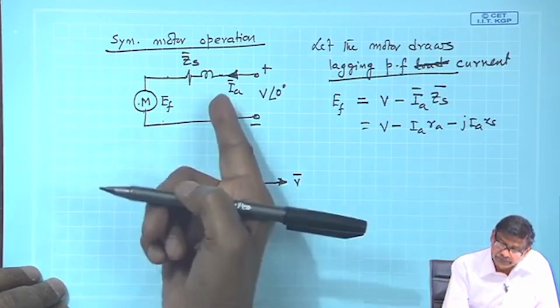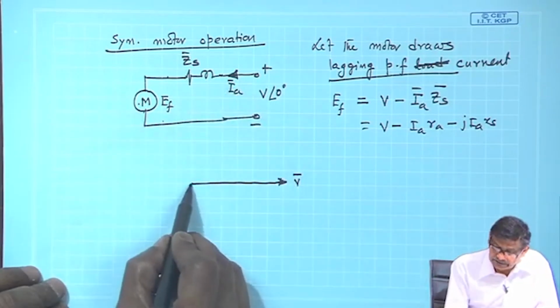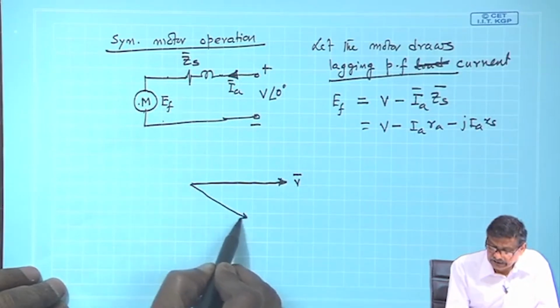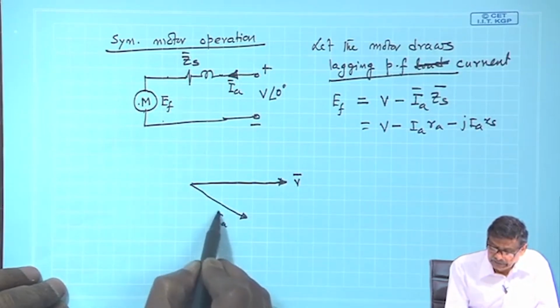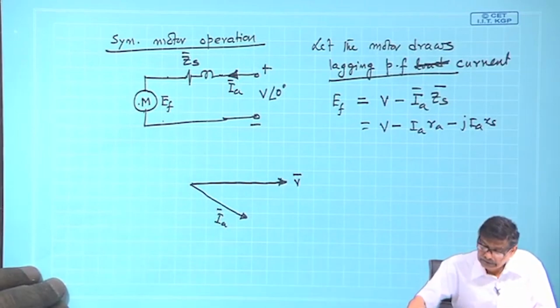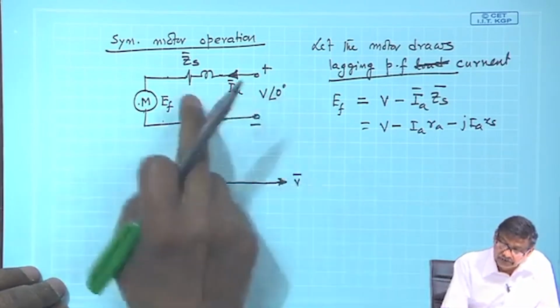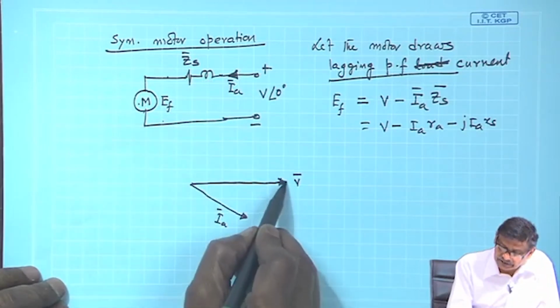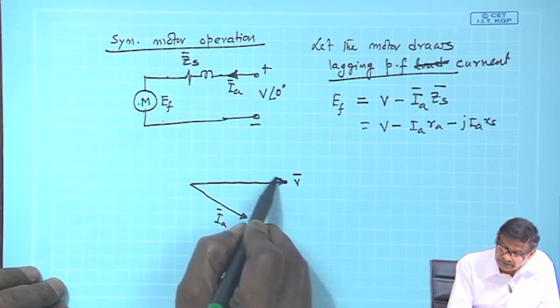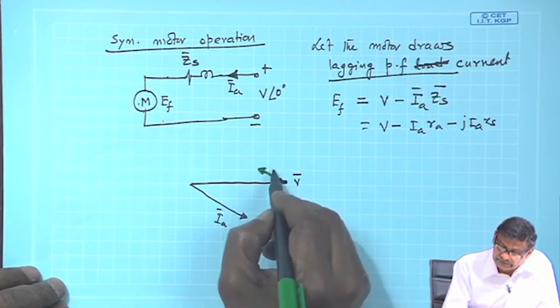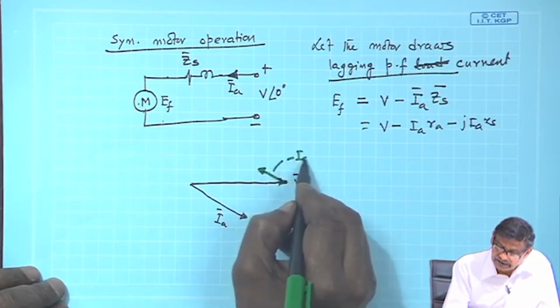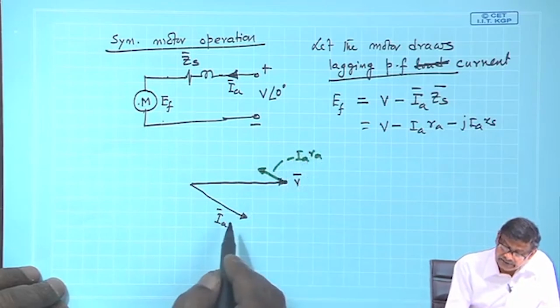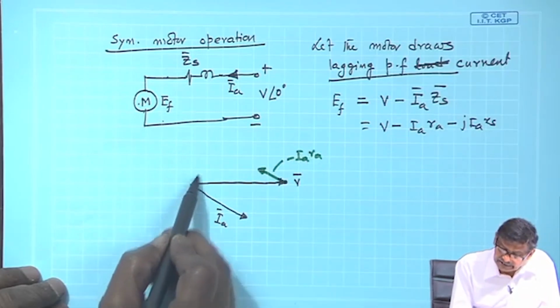Then I have told it is drawing a lagging power factor current, so this is my IA. Then from V I have to subtract this RA and XS drop. First I subtract minus IA RA, it will be like this, and then j IA XS is like this.